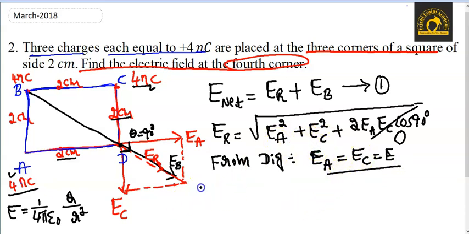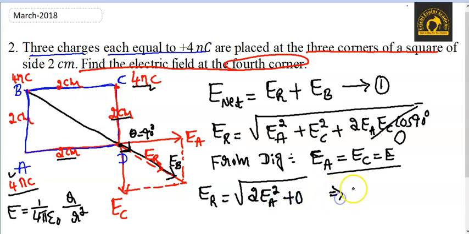So E resultant is equal to square root of E square plus E square, which is 2E square, plus 0. So the value is square root of 2 into EA. Now let us find out the value of EA.